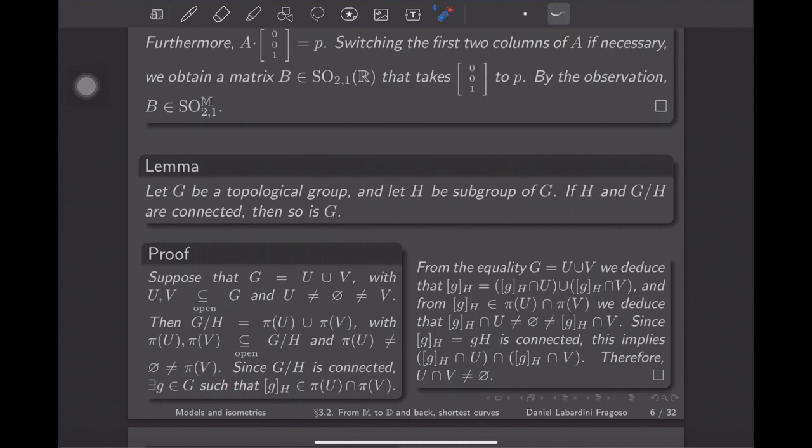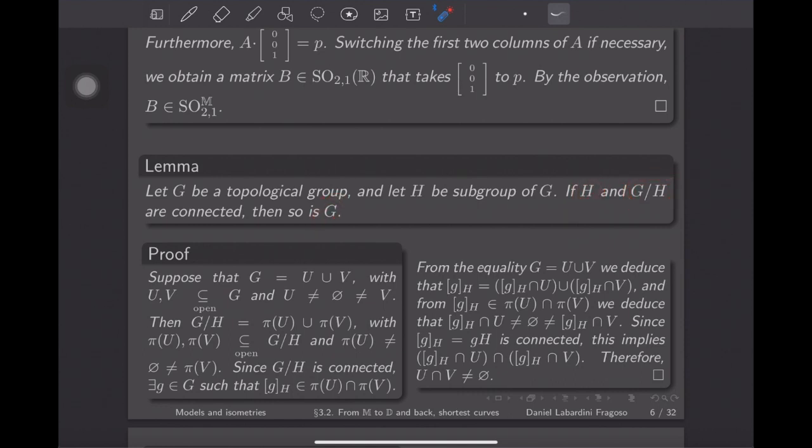Okay, so if I have a topological group and I have any subgroup, you see, if the subgroup and the quotient are connected, then the group itself is connected.